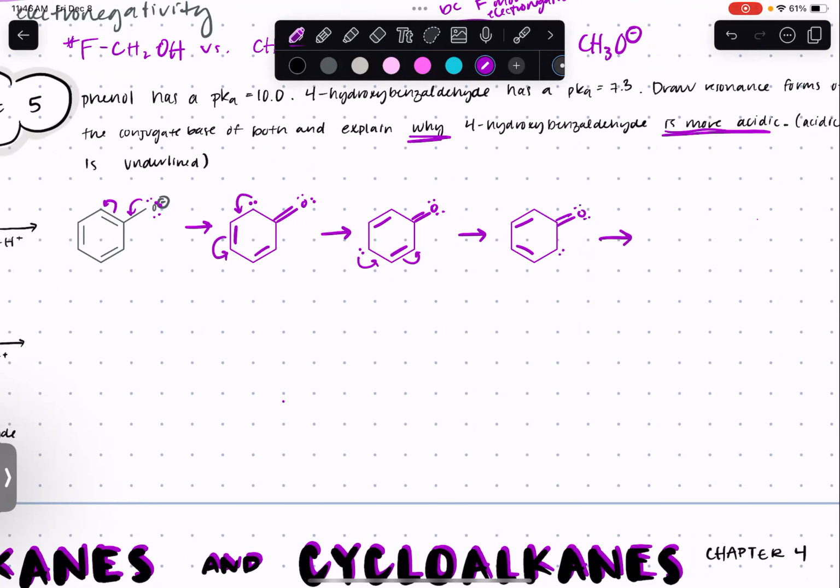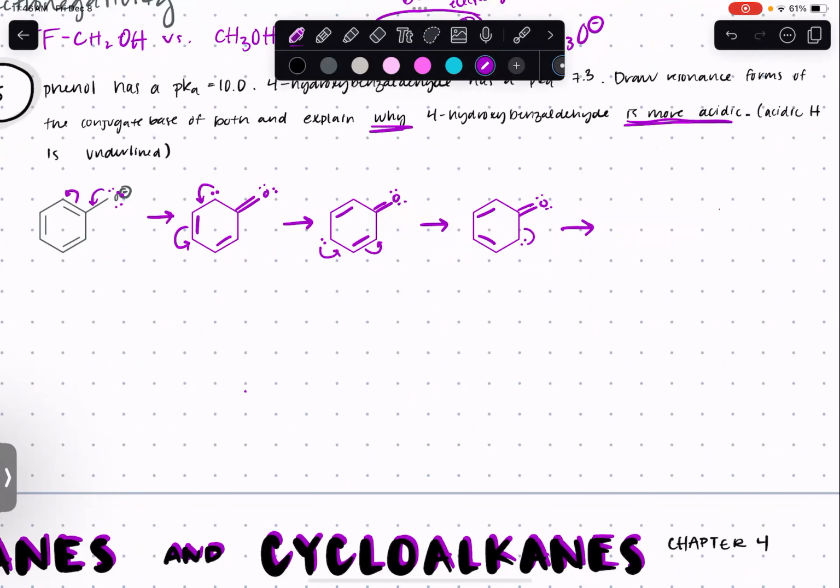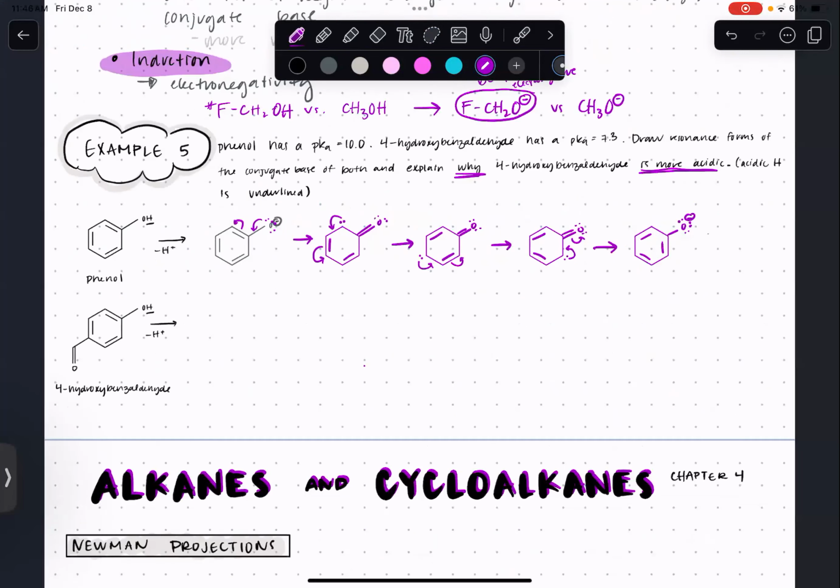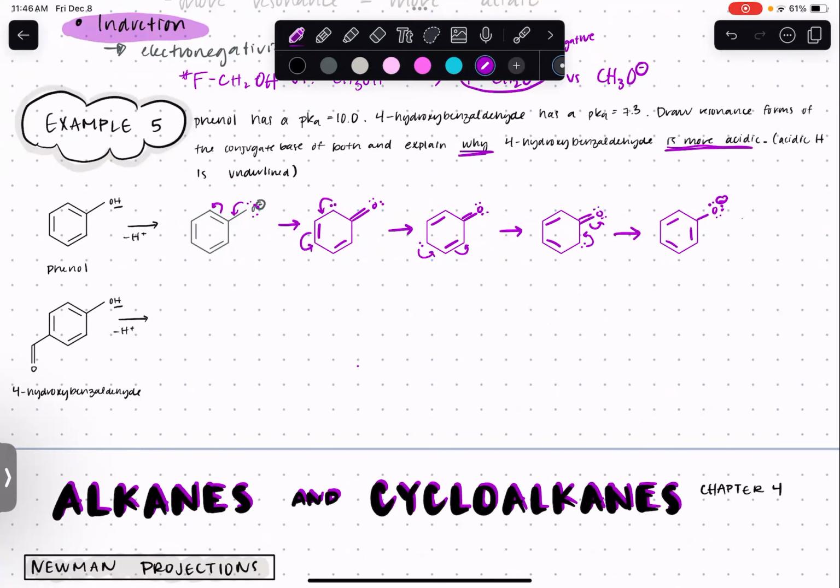And then our final resonance structure here would be if this electron pair pushes down and then this one goes back up. So that brings us back to our starting point where we have this and then our oxygen has 3 electron pairs on it. So in total we have 4 resonance structures here.